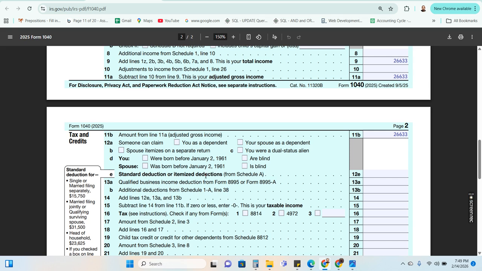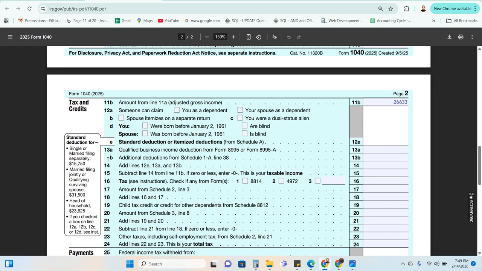If your itemized deduction is greater than your standard deduction, you will write here the total amount from Schedule A. In this case, Schedule A is 0. For a single filer, the government gives you a standard deduction of 15,750 this year, 2025.